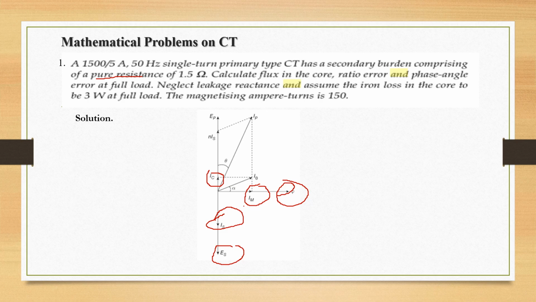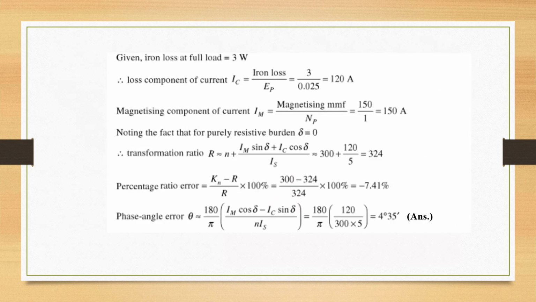Again, as this is a purely resistive circuit, the secondary current will be 90-degree displaced from the flux, and as a result we have to find out the ratio error as well as phase angle error.